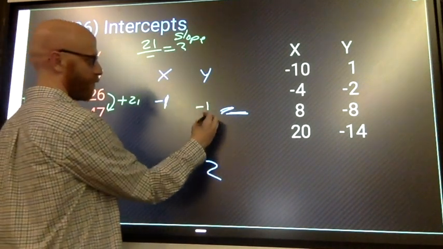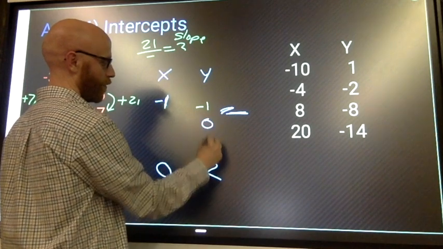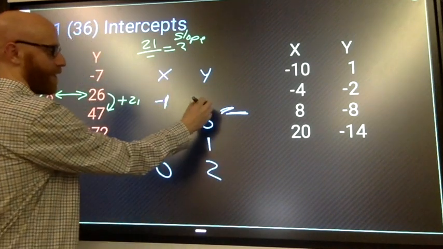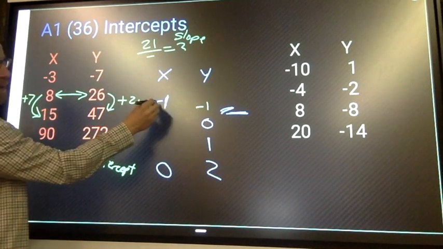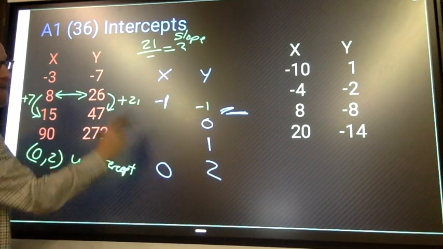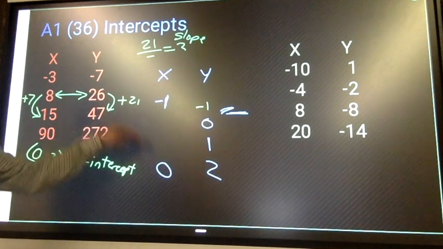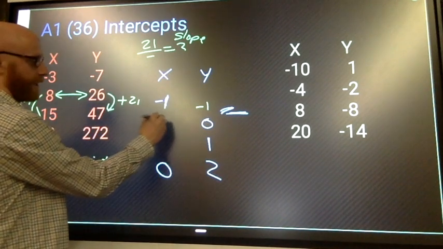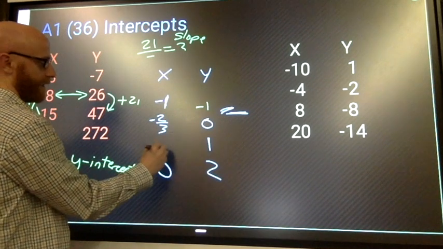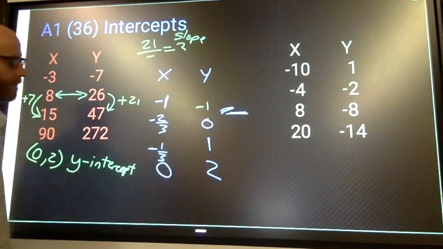So we got -1, 0, 1, 2. So I'm taking 3 steps in the y direction. I need to be taking 3 equal steps in the x direction to get from -1 to 0. So I'm basically going to be counting by thirds. -2 thirds, -1 third, 0.